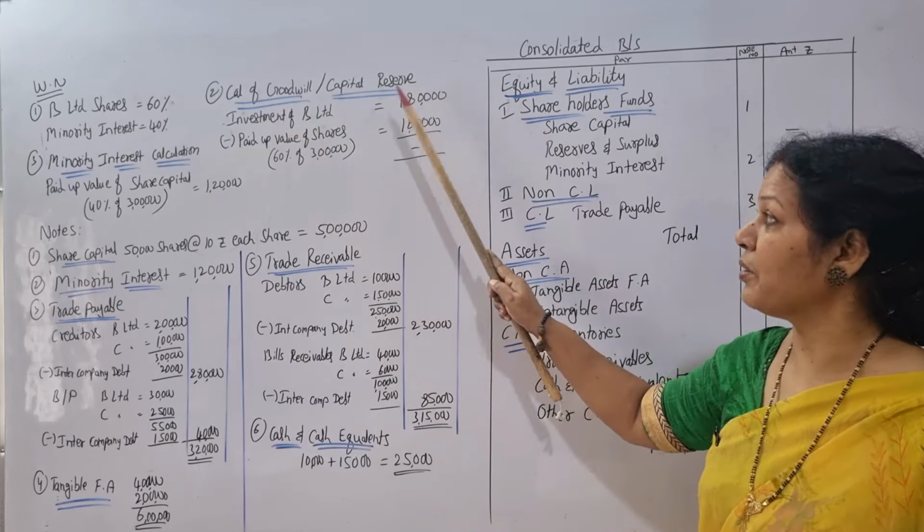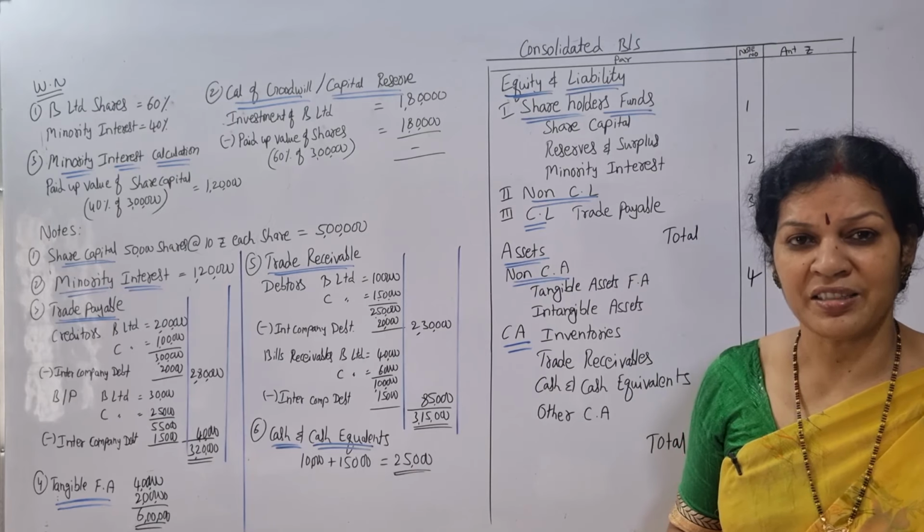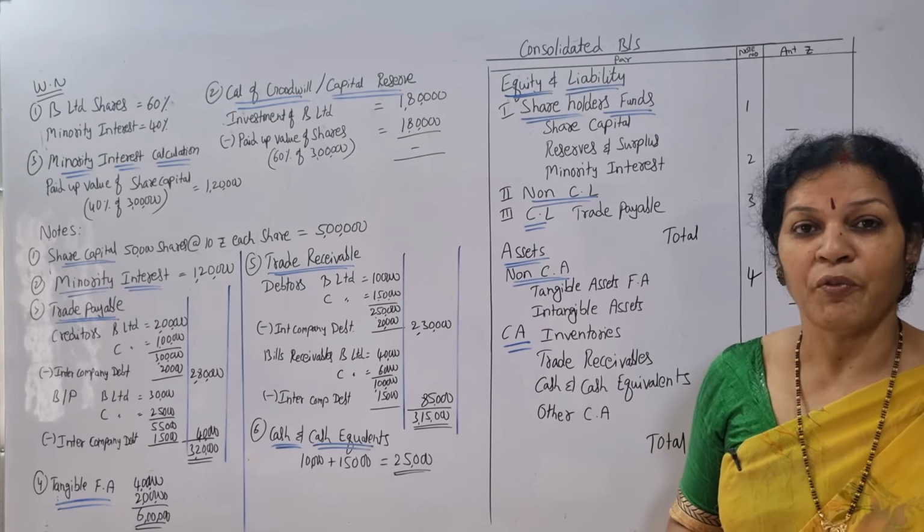Out of 3 lakh, 60% is the exact value of the shares of the Chandra Limited. 60% of 3 lakh comes to 1,80,000 only. It means the worth of the shares we are paying for is 1,80,000.